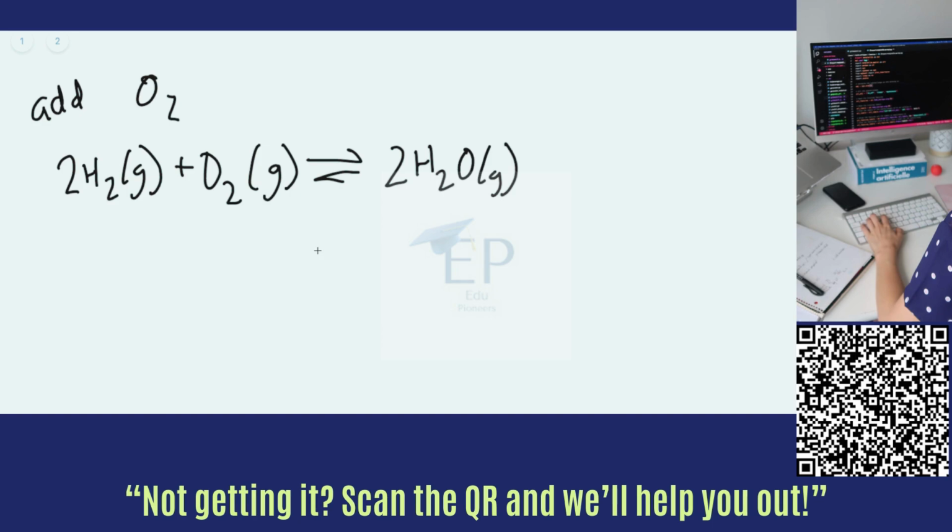And so since we have 0.13 moles of H2, that means we'll have 0.13 moles of H2O due to their mole-to-mole ratios both being 2. So for every 2 moles of H2, there's 2 moles of H2O, and so they're the same number.